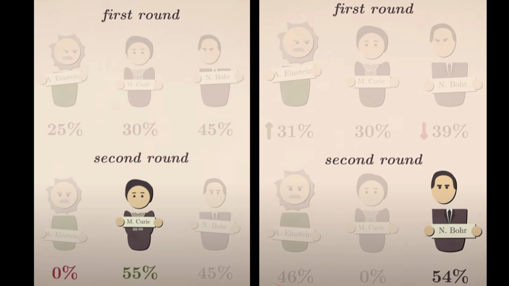What was never disclosed in the video is the second preference of the Bohr supporters. If many of them put Curie as their second preference, then she is a good final choice. But if not, if they didn't have a second preference, or they preferred Einstein, then Bohr is the candidate that's preferred by the most voters to the greatest degree.